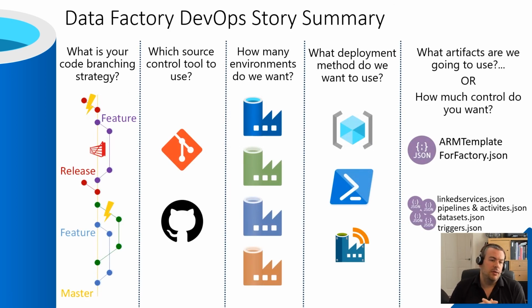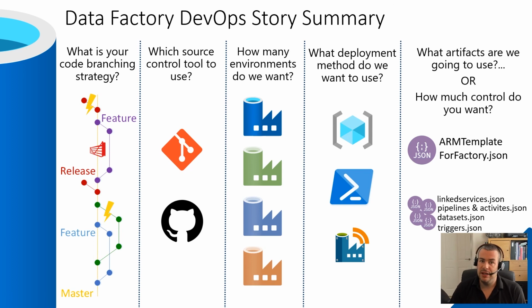So what I've tried to do is distill that Data Factory DevOps story for you and summarize that into just a set of questions that you might want to ask yourself if you're doing this. I've obviously shown you a few different approaches, but you need to think about what is your branching strategy, what source code tool are you going to use, how many Data Factory environments are you going to have, and how are you perhaps going to handle that debug environment versus dev versus whatever else may come after it.